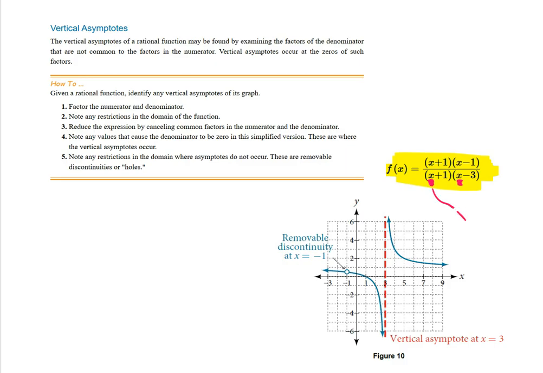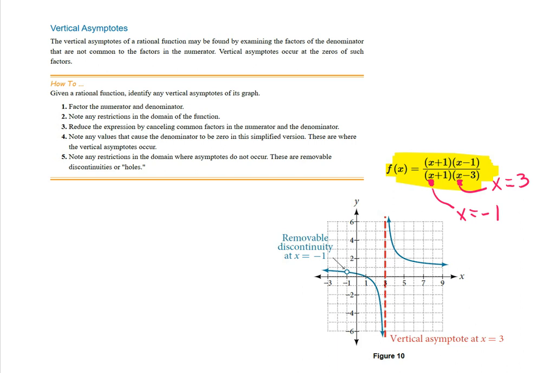This one, if x equaled -1, then -1 plus 1 would be 0, and you'd have a 0 times whatever, which would be 0. And this x, if it equaled 3, would also be left out of the domain.